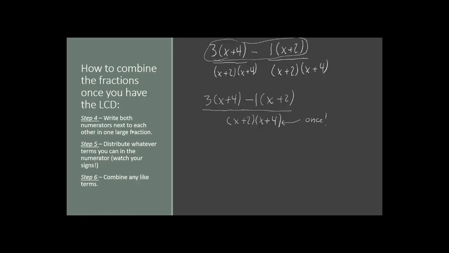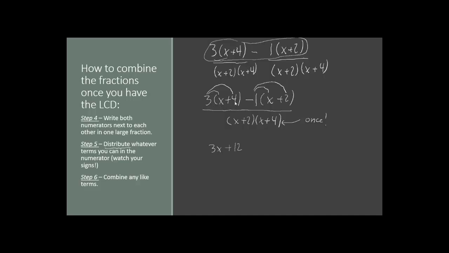Now that we have it in one fraction, our next step is to distribute this 3 across this parentheses and this -1 across this parentheses. Well, we'll have 3 times x, and then 3 times +4 makes +12.